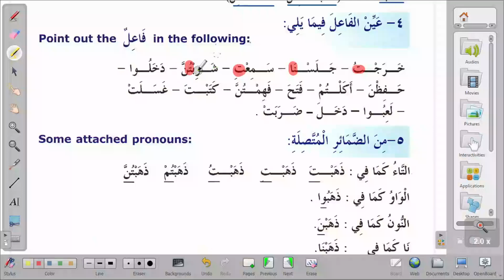So sharibtunna, the doer is the ta. Dakhalu, the doer is what? The waw of jam'. Okay. Hafizna, the doer is what? The na here, right? Hafizna. Akaltum, the doer is what? Is this ta, right? Akaltum. So, fataha.